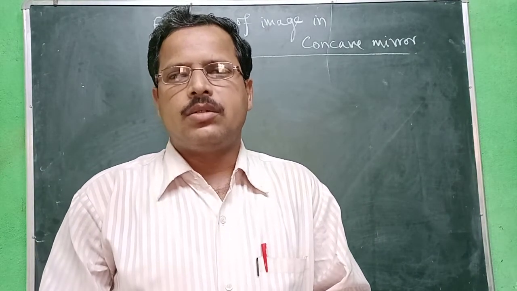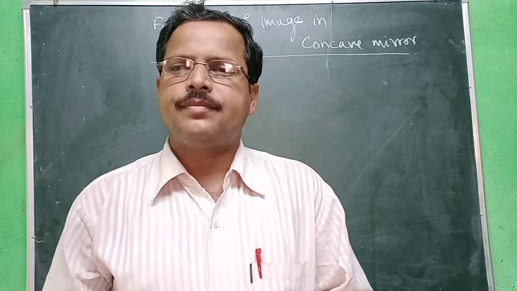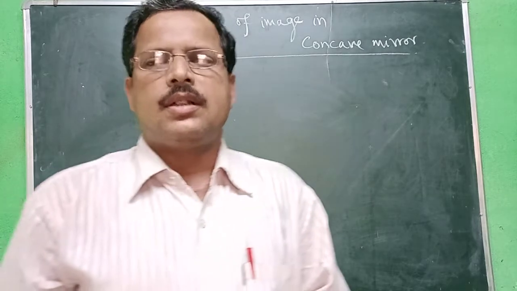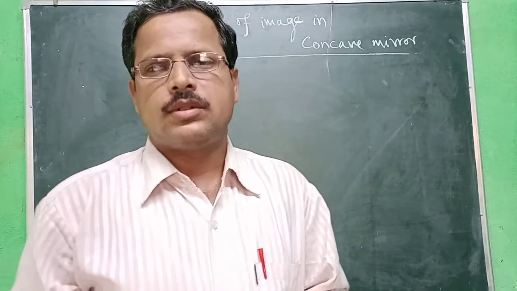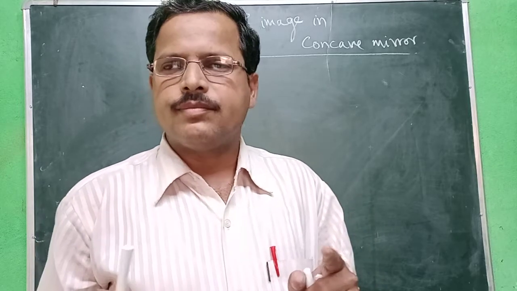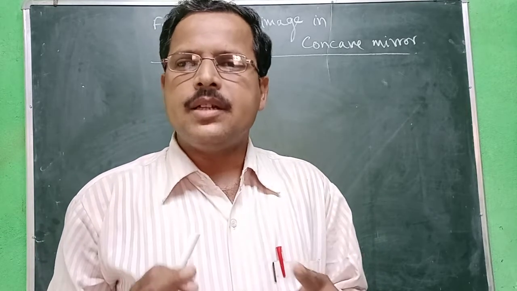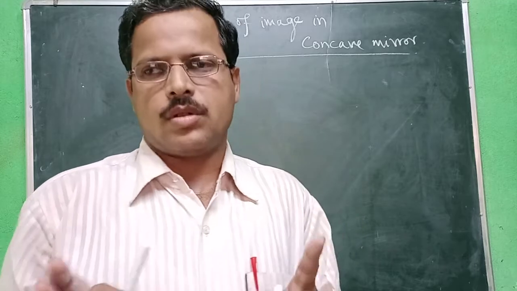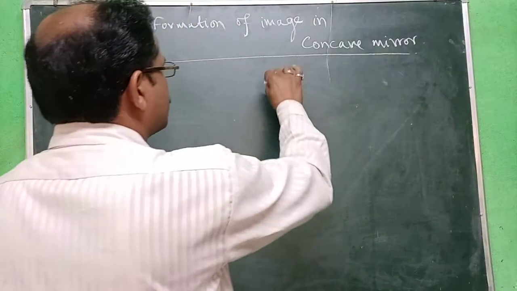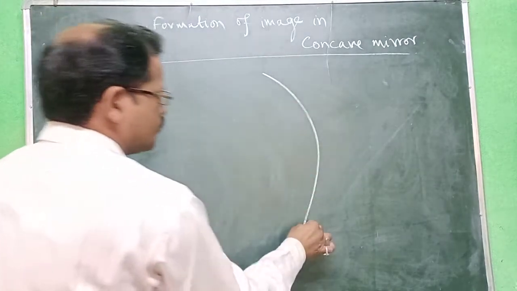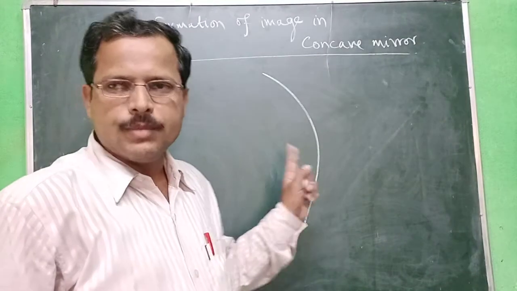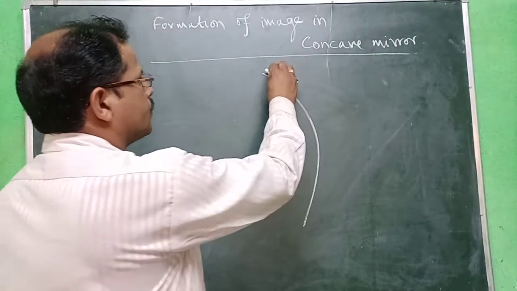And what is a concave mirror? It is a converging mirror. That means all parallel rays meet at the focus. Suppose this is the concave mirror and this is the back side.